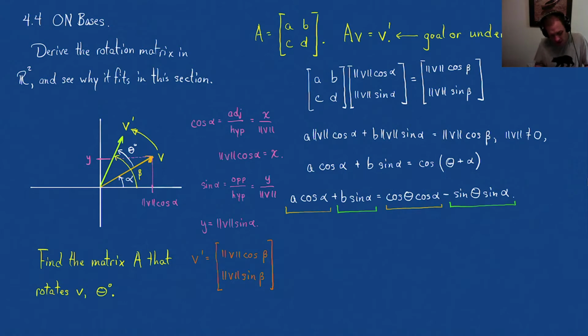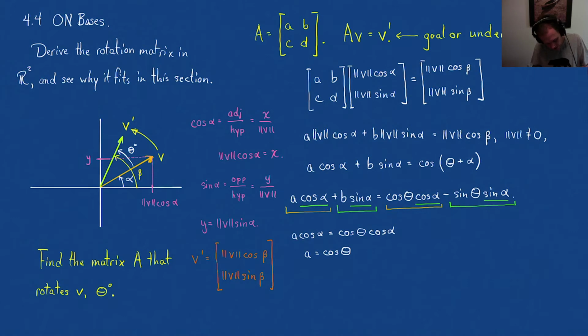And you're just picking it by the sine alpha component, the cosine alpha, cosine alpha. So what this says is this. This says that A cosine alpha has to equal cosine theta cosine alpha. Well, in other words, A is cosine of theta.